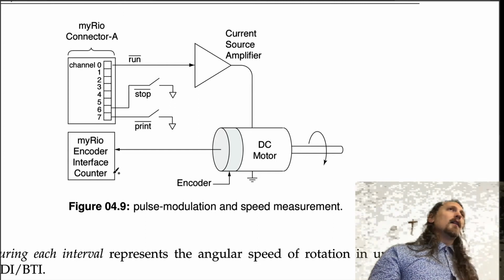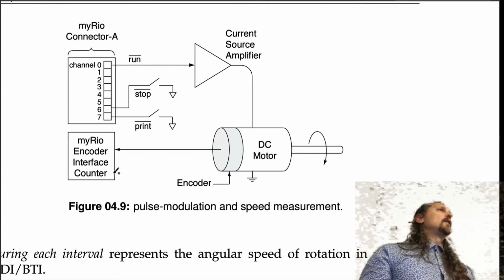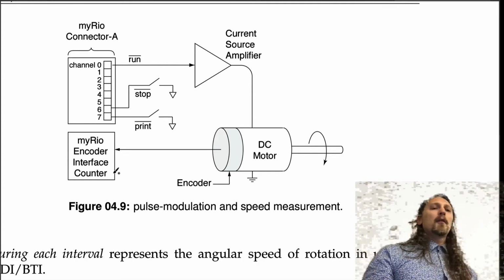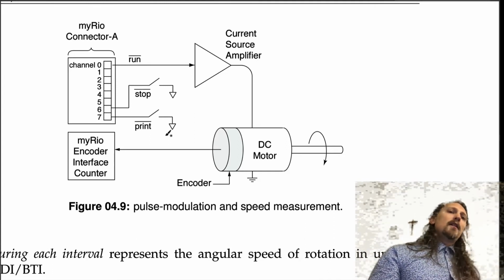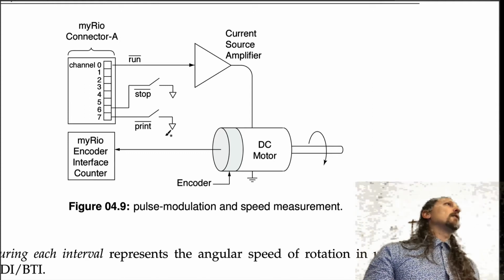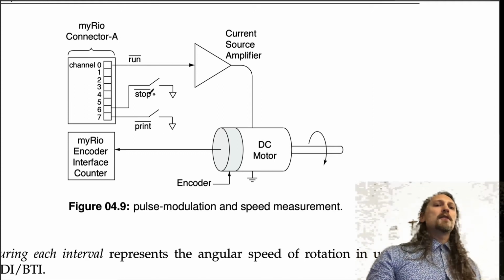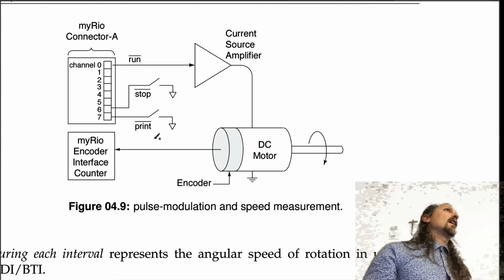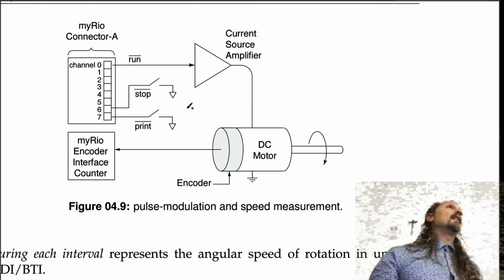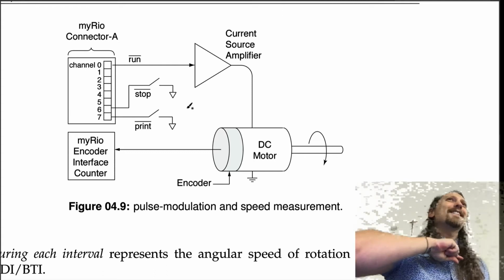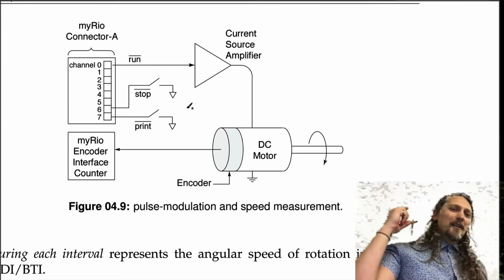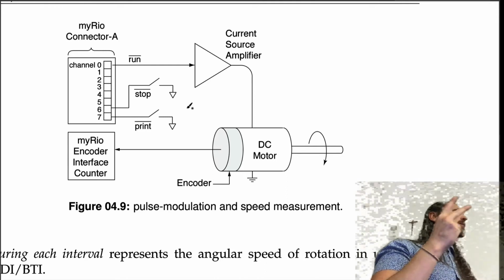measure the position, deduce the speed from the position, and we'll also have these two buttons that we're going to interact with. So there's going to be a button for stop and a button for print. Okay, the stop button is going to, you guessed it, stop the motor and the program execution.